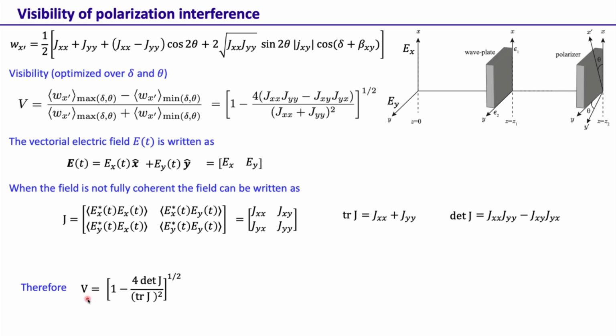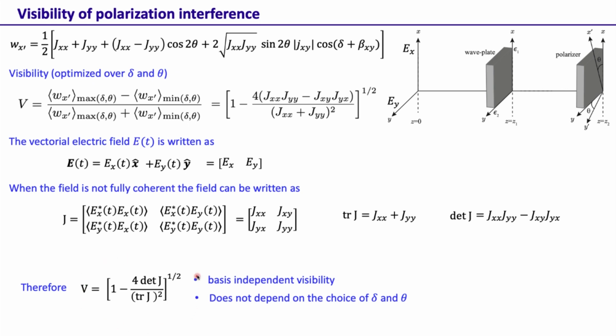So the visibility of polarization interference, optimized over delta and theta, is equal to 1 minus 4 times the determinant of J divided by the trace of J whole squared, the whole thing raised to the power half. Now this is a basis independent visibility, as it doesn't depend on the choice of delta and theta. This visibility depends just on the determinant of J and the trace of J, and we know the determinant and trace of a matrix are basis independent quantities. No matter which way we rotate, it is the same.